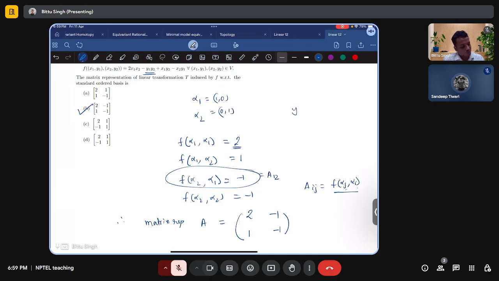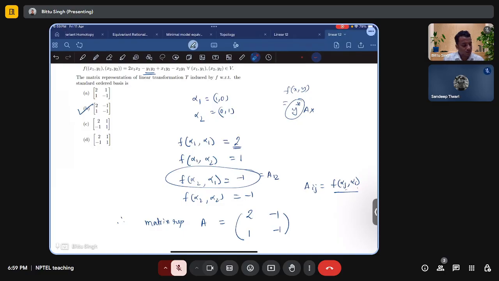This is actually written as y transpose, means it is written as y star x, where y is the coordinate of y, x is the coordinate of x. If we use this notation, then A should take this form. A will look like this kind of f of alpha j alpha.